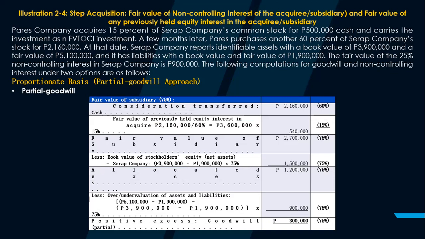So the book value of stockholders' equity, 3.9 million minus 1.9 million times 75%. So we have now the allocated excess of 1.2 million. Then we have the overvaluation of assets of 3.9 million minus 1.9 million times 75%, so 900,000. So we have now the positive excess for goodwill of 300,000.